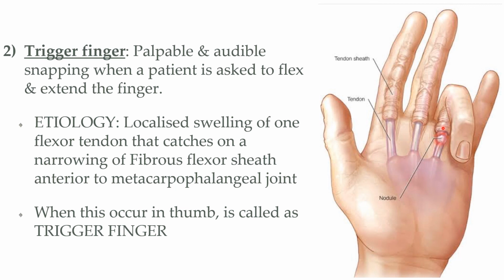As a result, whenever the subject performs flexion of the affected digit, the swollen part enters into the narrow passage inside the fibrous flexor sheath and a click is felt. This condition commonly involves the fourth digit, that is, the ring finger.